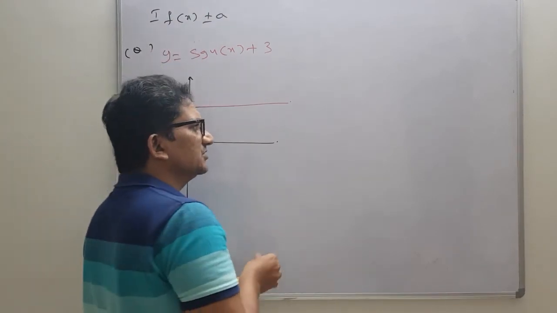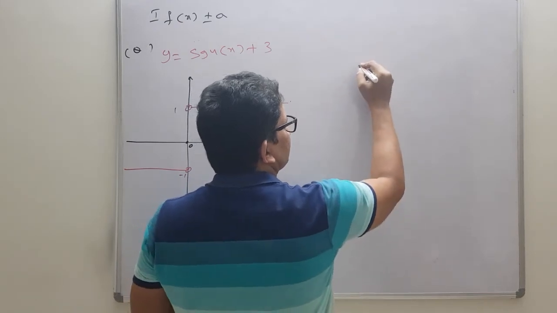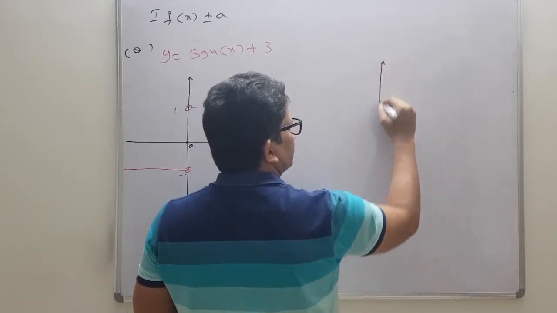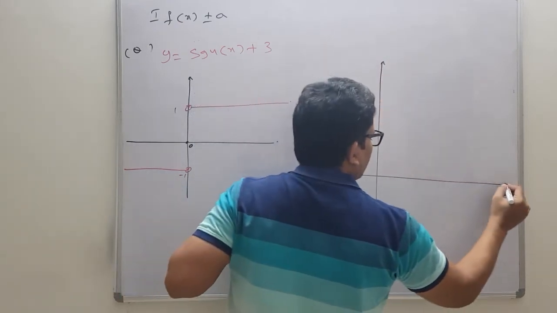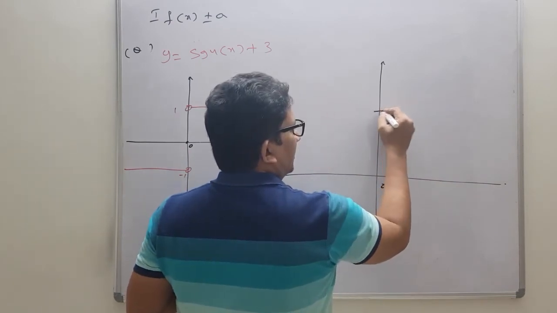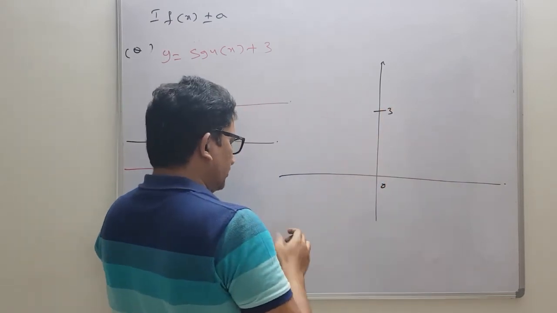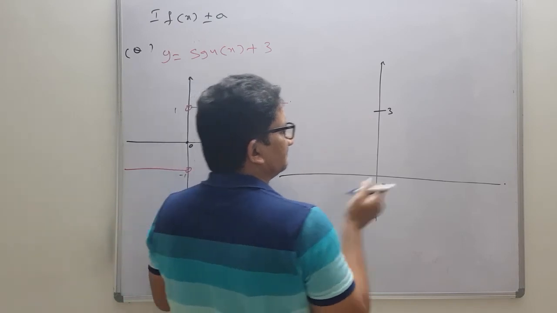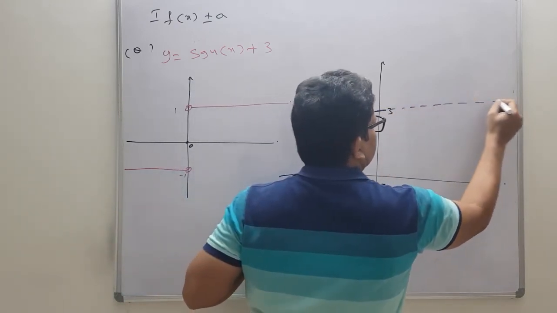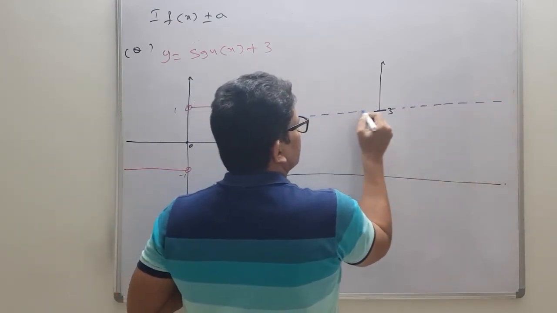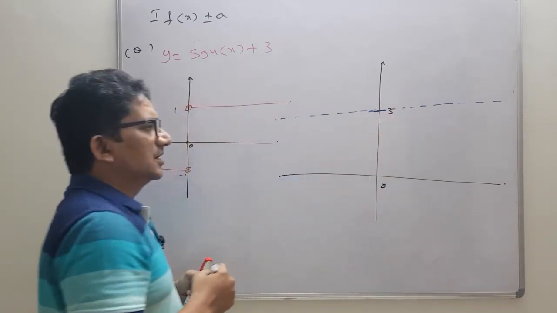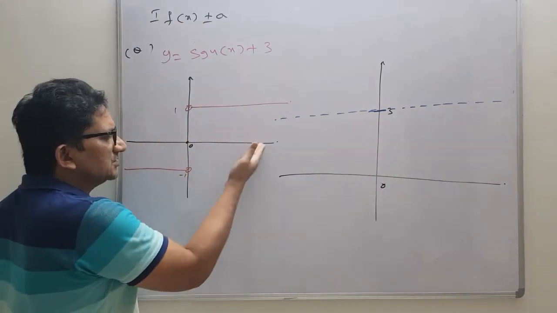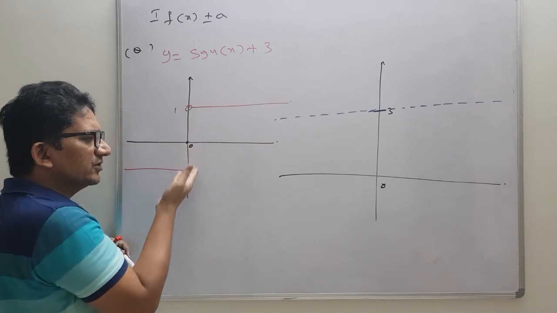So when it is shifted 3 units above the origin, see, at 3, so we will take a new axis. So here, see. Now see, with reference to origin, 1 unit above and 1 unit below.